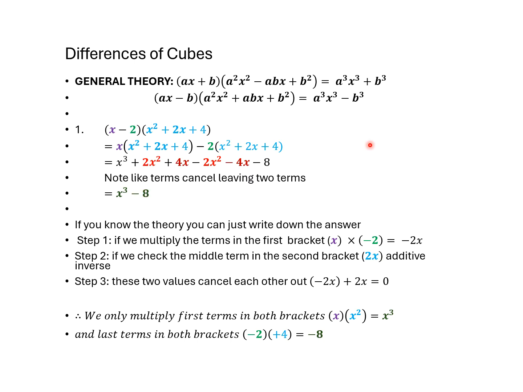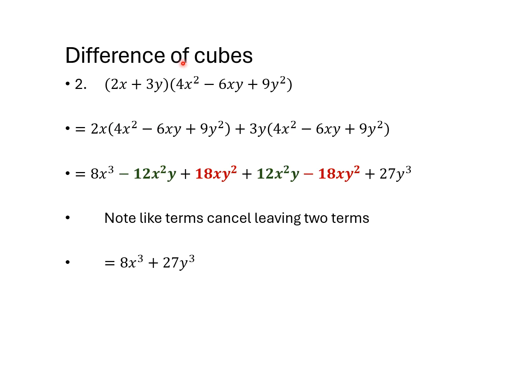Alright, so let's practice some problems. We have 2x plus 3y, second bracket 4x squared minus 6xy plus 9y squared. If I say 2x times 3y gives me 6xy, minus 6xy would give me 0, so the two are additive inverses, so I can multiply first term with first term and last term with last term.